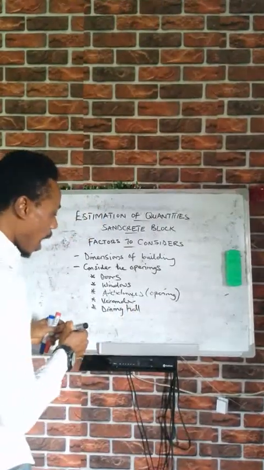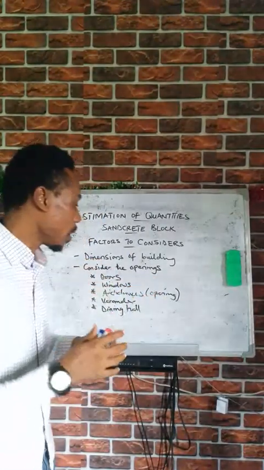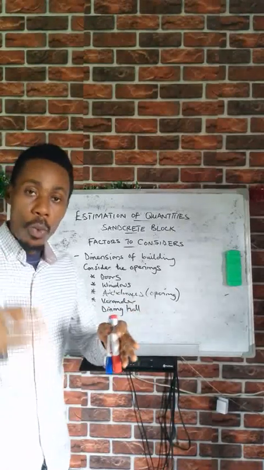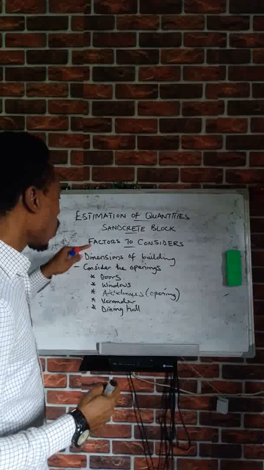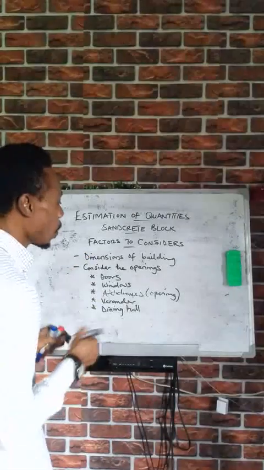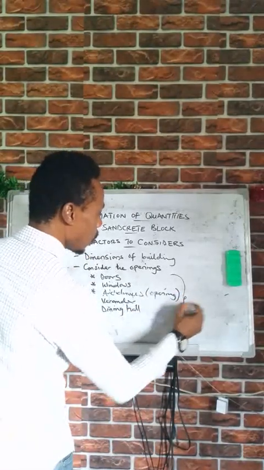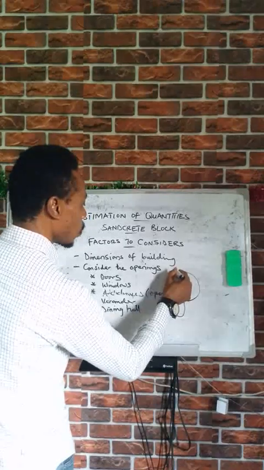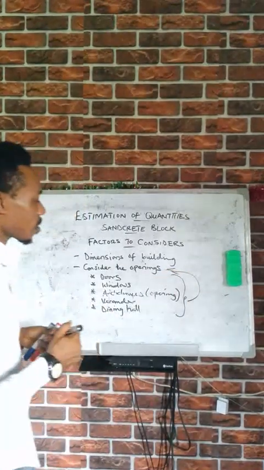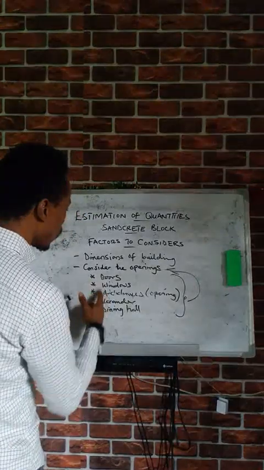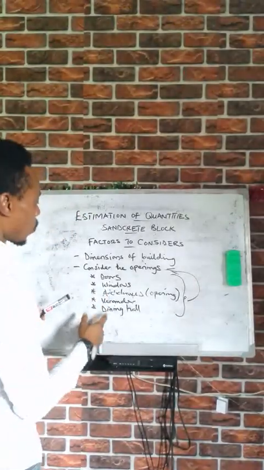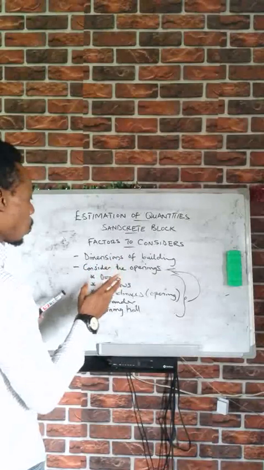Your dining hall has openings, and in those openings there is no block walling, so you must exclude all of those openings. The summation of all of these gives you the total opening. So you must calculate the area of all of these openings.